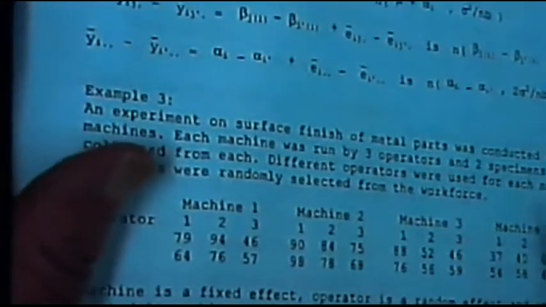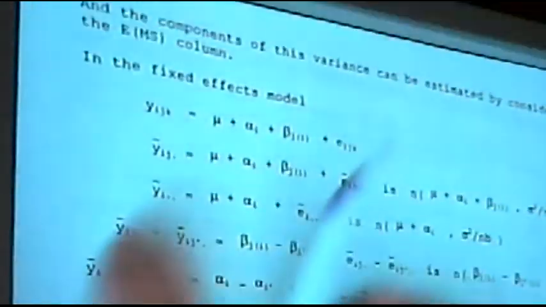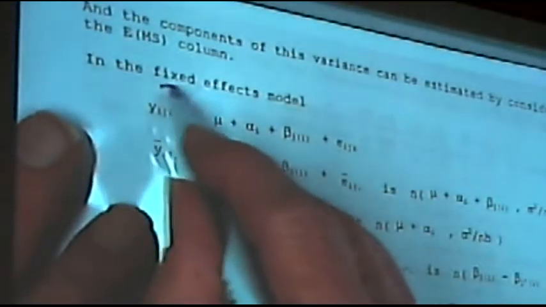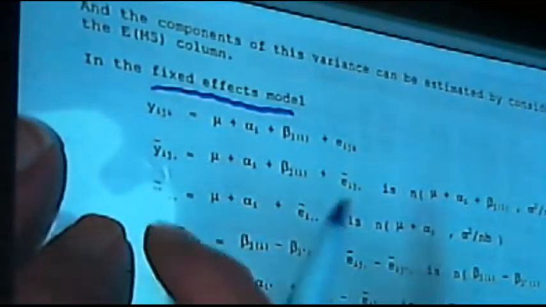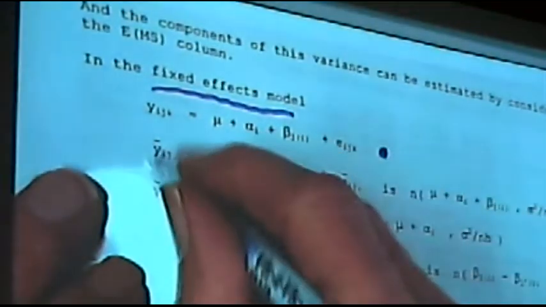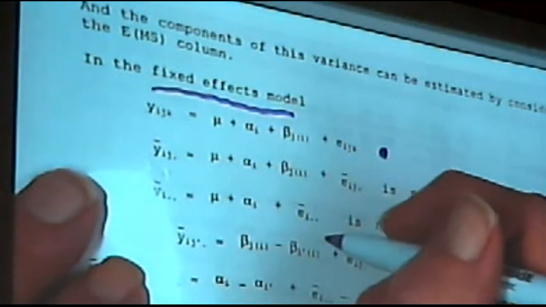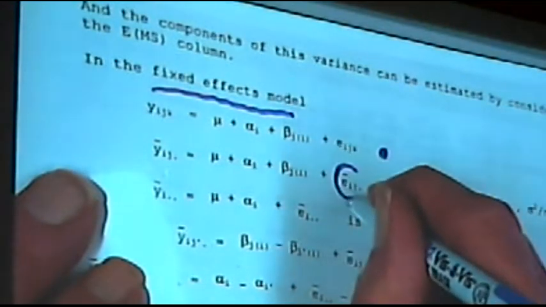Now to confuse you a little bit, it says let's look at the fixed effects model. So in the fixed effects model, there's our model again for y_ijk, y bar ij dot would be the average of those on k, and the only thing that gets averaged is right in there.